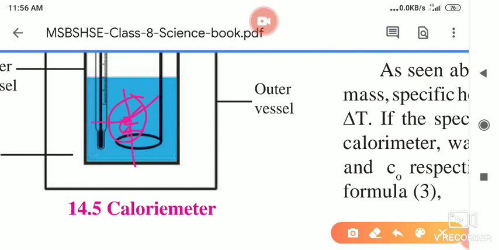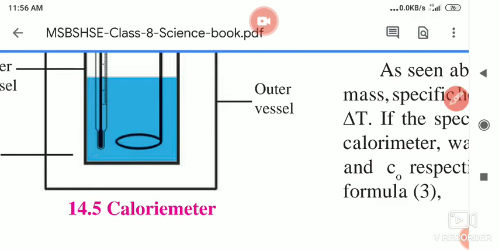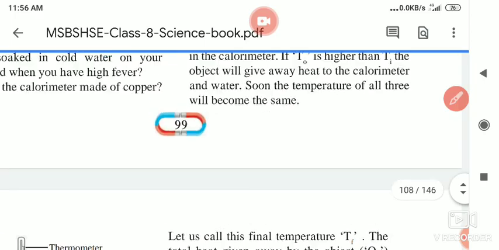This means the temperature of the cold object will increase, and the water's and the calorimeter's temperature will decrease. The total heat exchanged is equal: the heat absorbed by the cold object is equal to the heat released by the water and the calorimeter. So the total heat is the same.